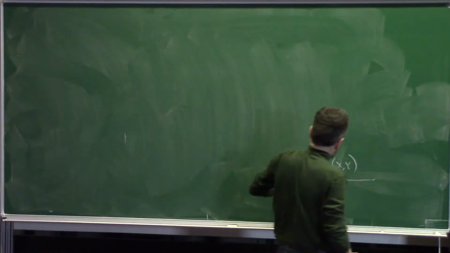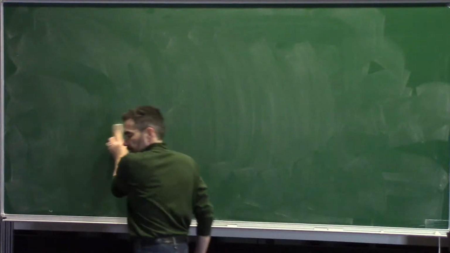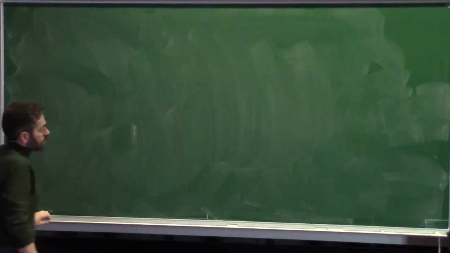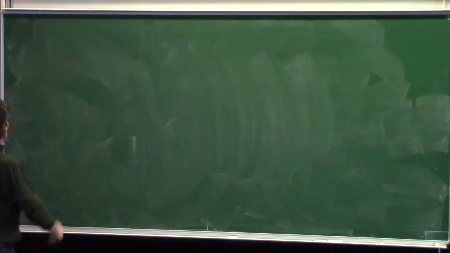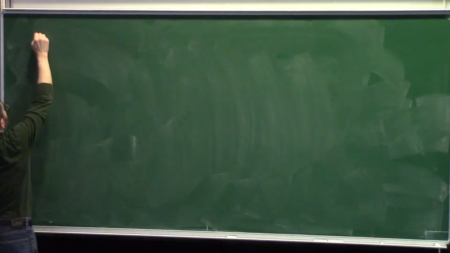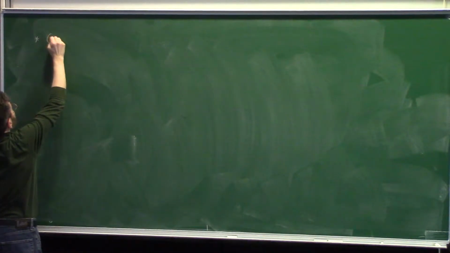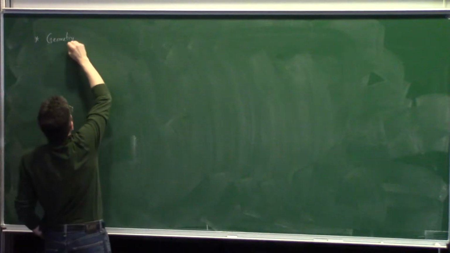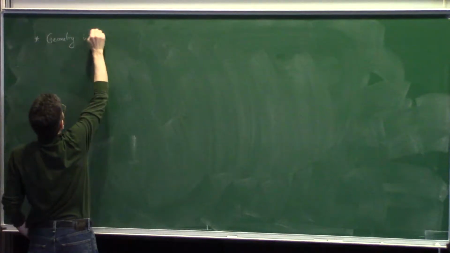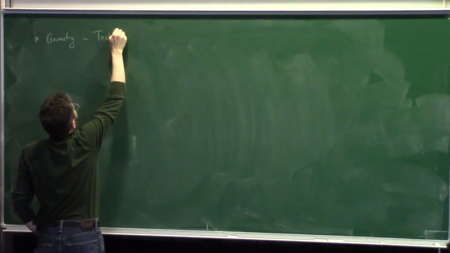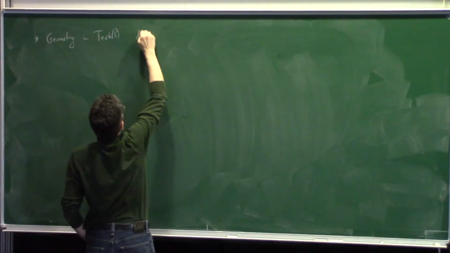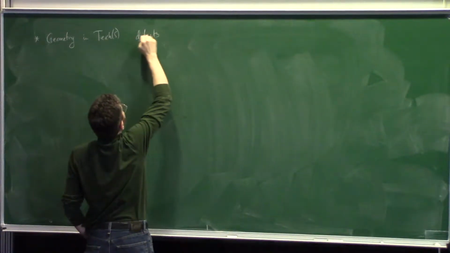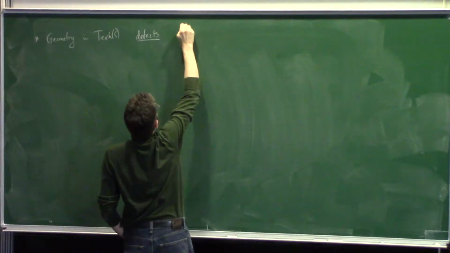So what do they tell us? An important thing here, and I'll say something more concrete in a second, is that the geometry built in the Teichmüller space detects the thick-thin decomposition.